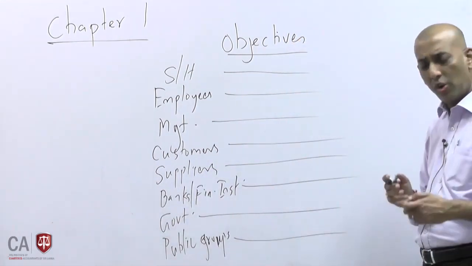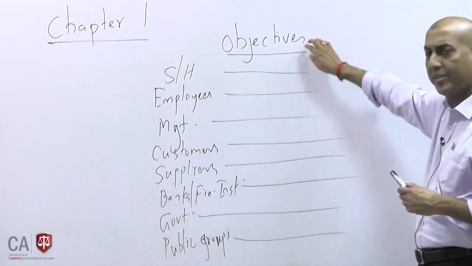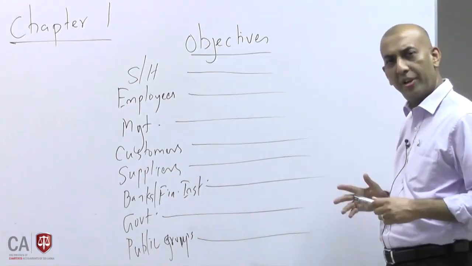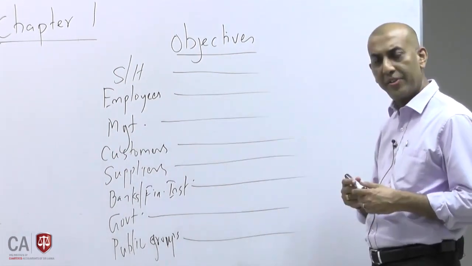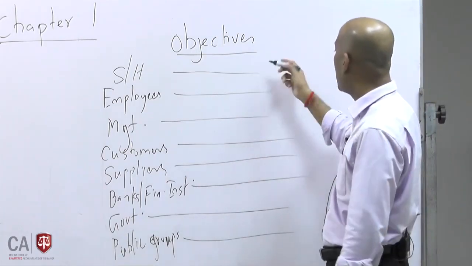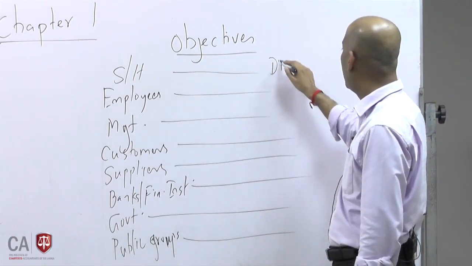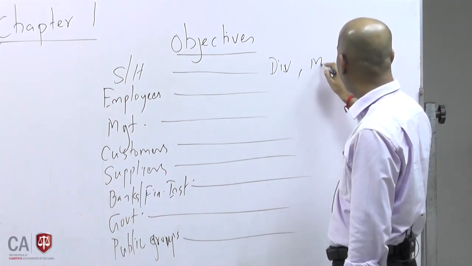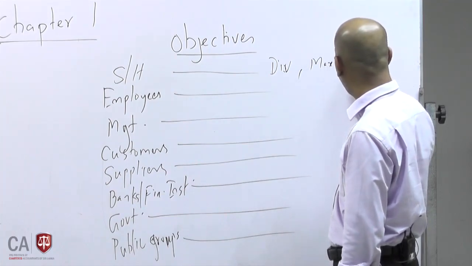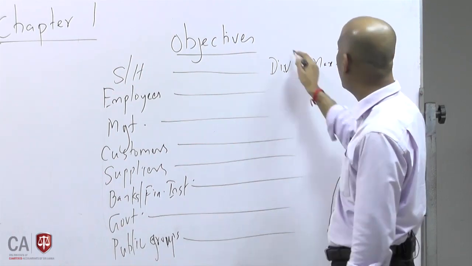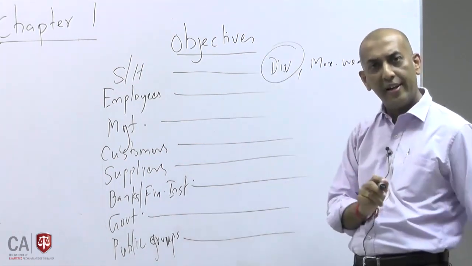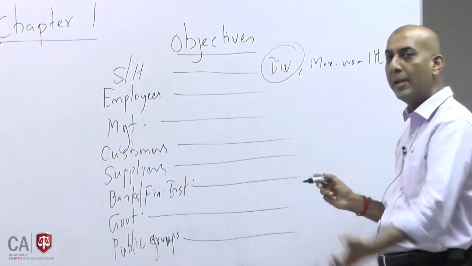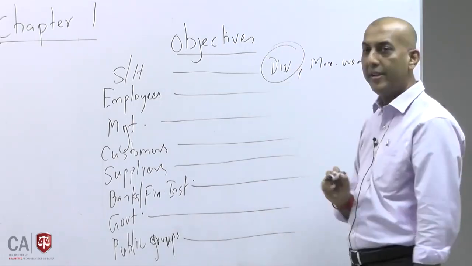All these stakeholders have objectives. Not only the shareholders, all these stakeholders have objectives. So for shareholders, the primary objective, as we said, is maximizing the wealth. At the same time, you would like to get dividends annually. Not only do you want the share price to go up in the market, you would like to get dividends annually.